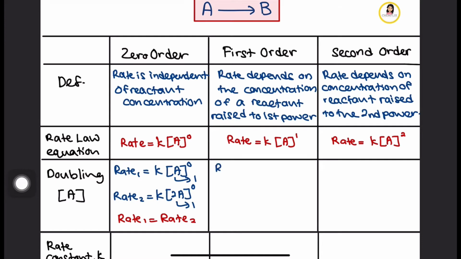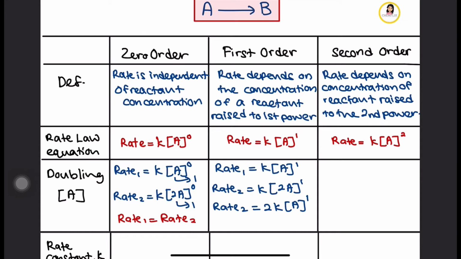Next, let's move on to first order reaction. Doubling the concentration would give us rate equivalent to k multiplied by twice the concentration of A. Rearrange the second equation to match the first equation.